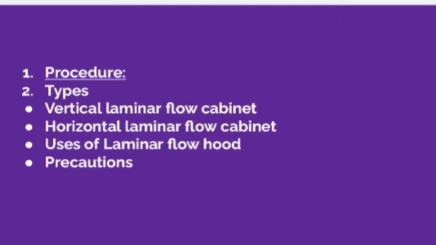Second one is horizontal laminar airflow cabinet. In the horizontal laminar airflow cabinet, the surrounding air comes from behind the working bench, which is then projected by the blower towards the HEPA filters.